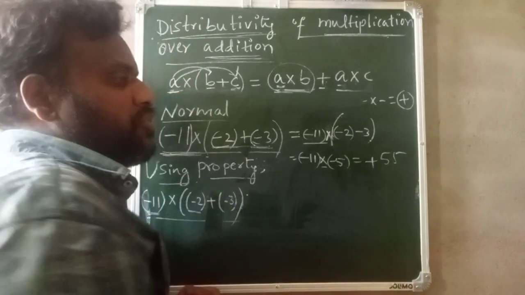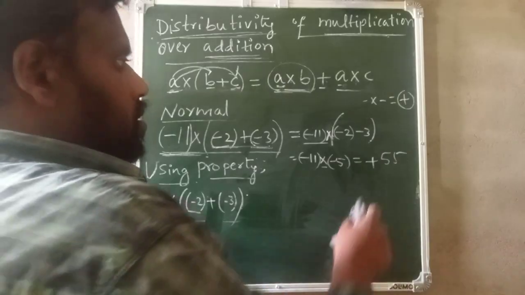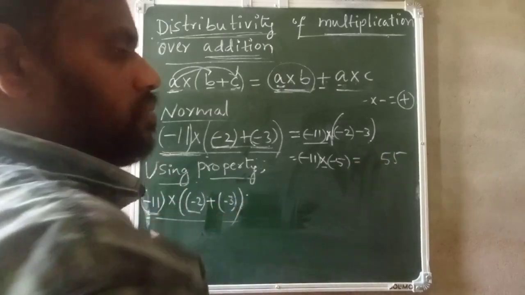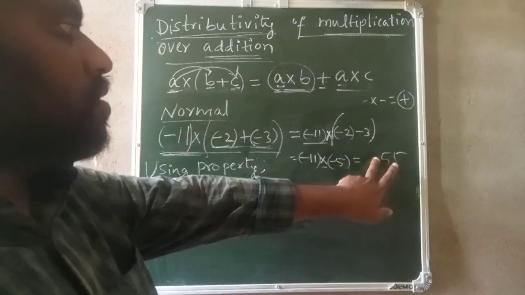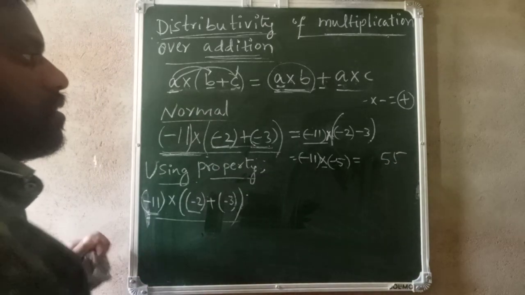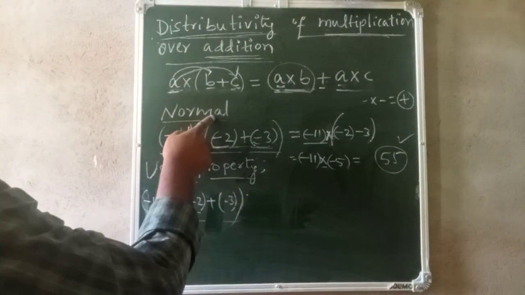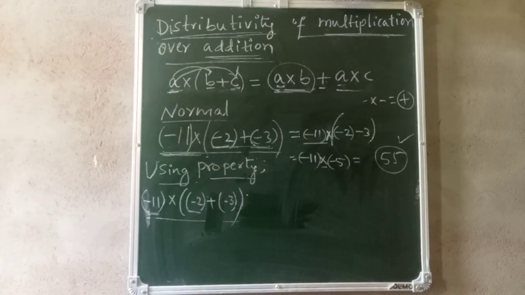So plus 55, just 55, both are same. You can erase this plus, no problem, because both are same. Even if you erase plus also, here there is a plus sign, that is understood. Okay. So using normal multiplication we got 55 as the answer.